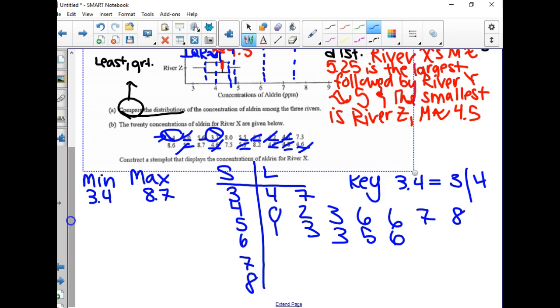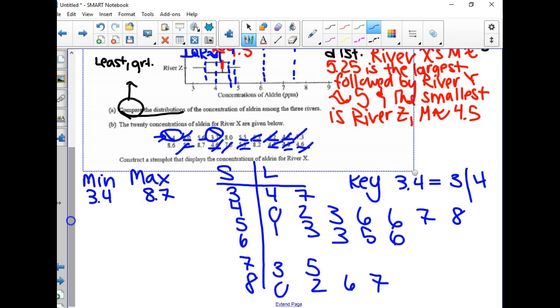No, do we have 7s? Yes, do we have just 1? 3 and 5? Okay, perfect. And then 8s, we have 0, 6, and 7. No, 0, 2, 6, 7. Are we good?